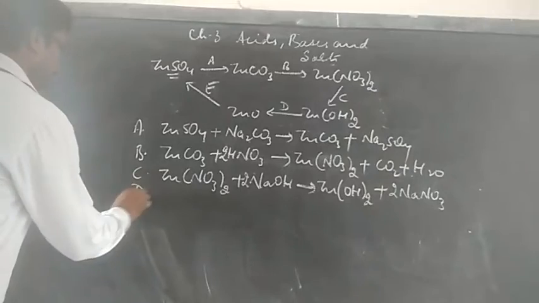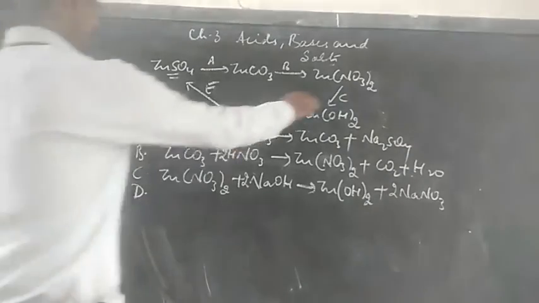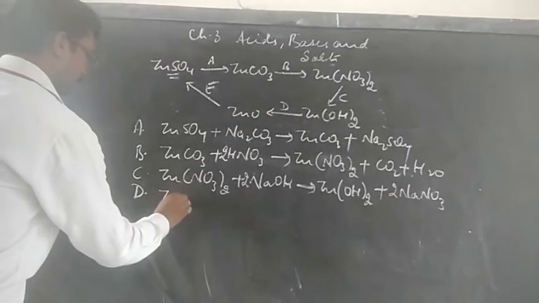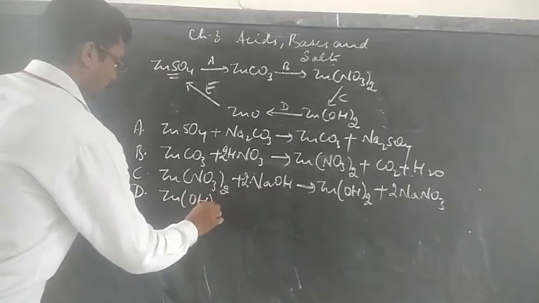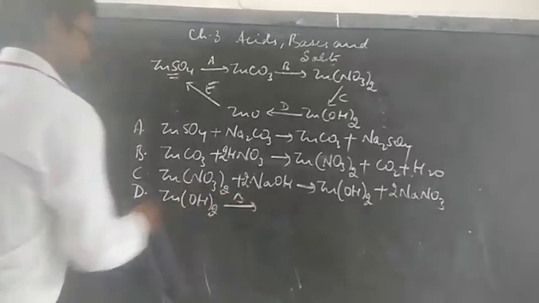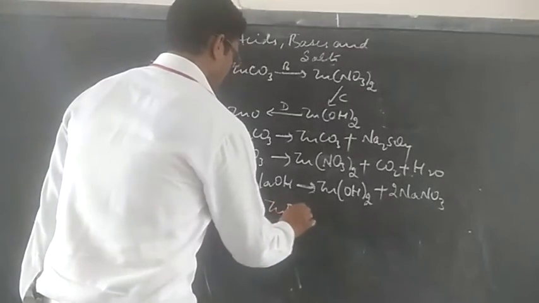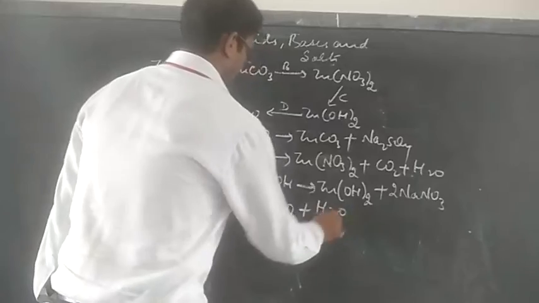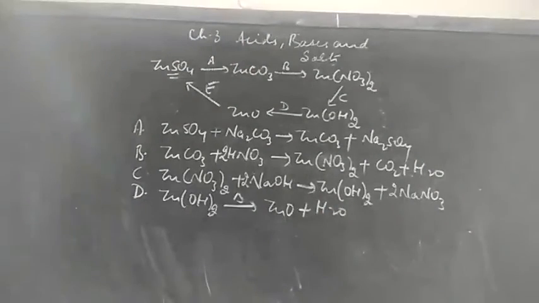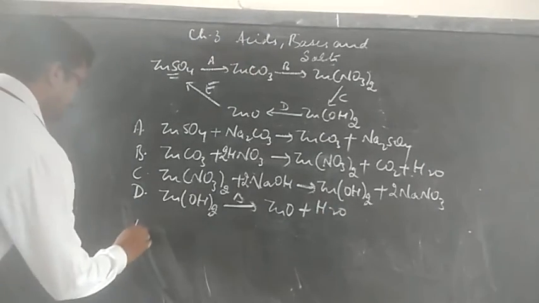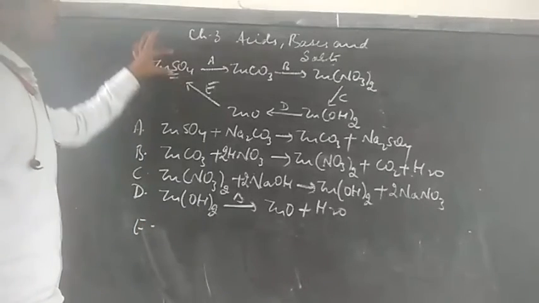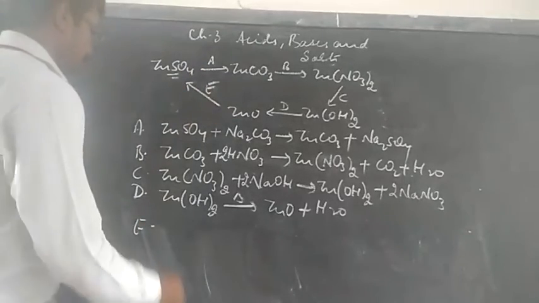Then number D, from zinc hydroxide to zinc oxide. When we heat this, we get zinc oxide plus water. Then number E, to obtain zinc sulfate from zinc oxide.